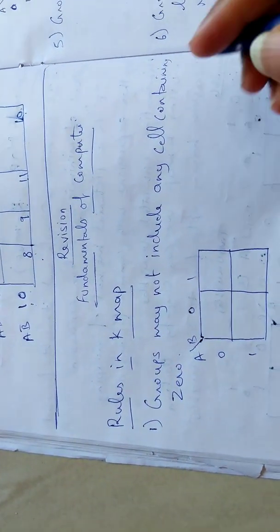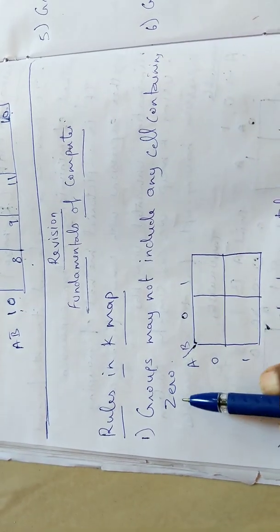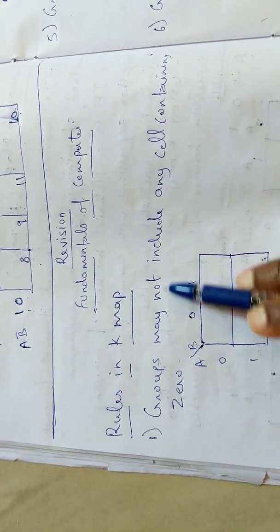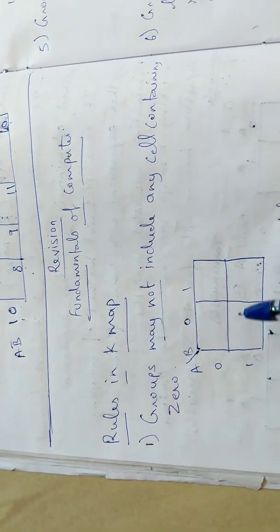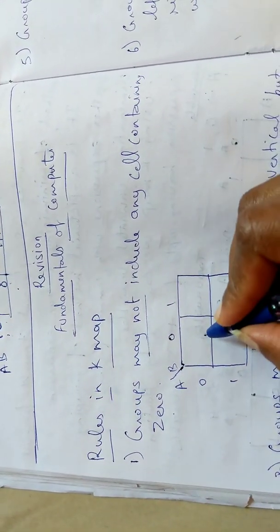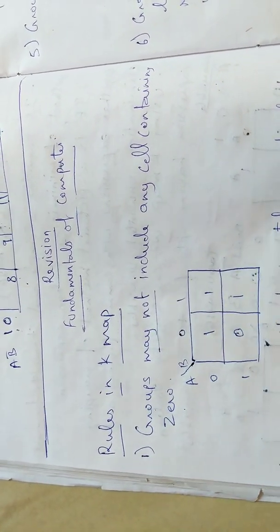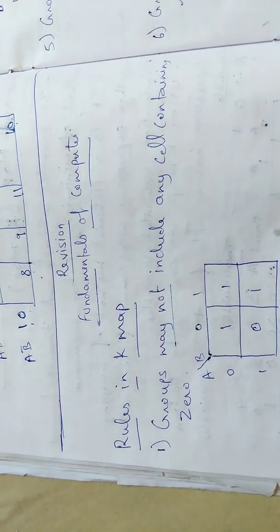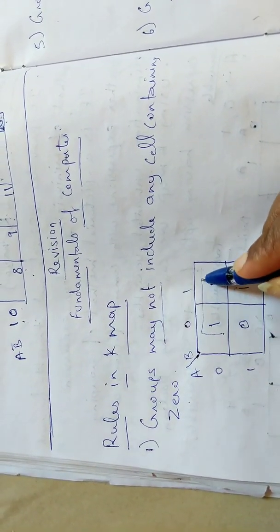For the first rule, groups may not include any cell containing 0. So you should not make a group of zeros. For example, suppose I have an input like this. I have to make a group of 1s. Wherever 1 is there, I can make a group like this.